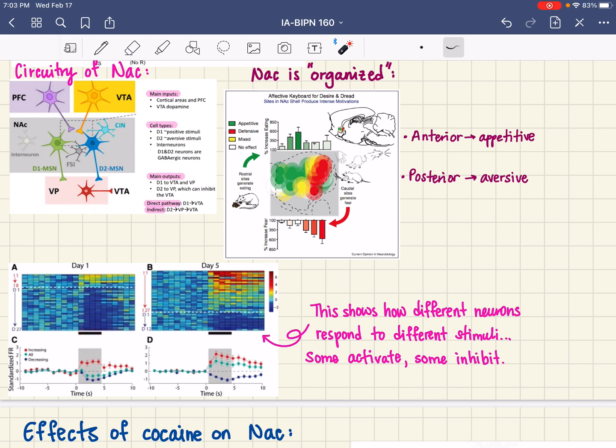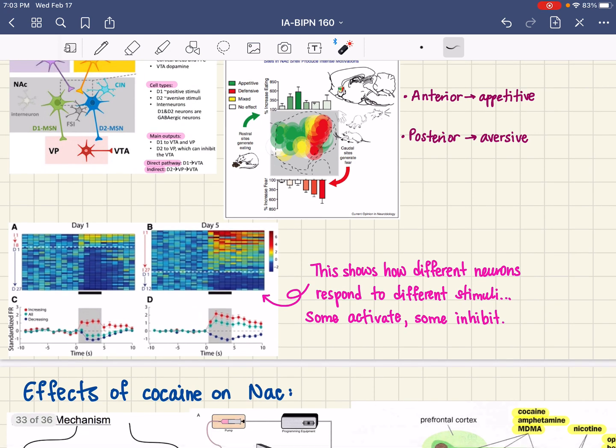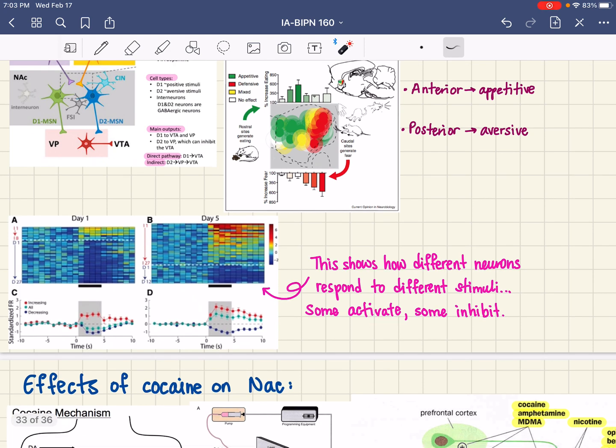By activating some parts and inhibiting other parts, you create a unique map, which shows a unique understanding of the stimuli that you're getting. I feel like I butchered that, but please email me if that didn't make sense. But the basic point here, again, would be that different neurons in the nucleus accumbens pick up different stimuli, and there are neurons that activate, and there are neurons that inhibit.